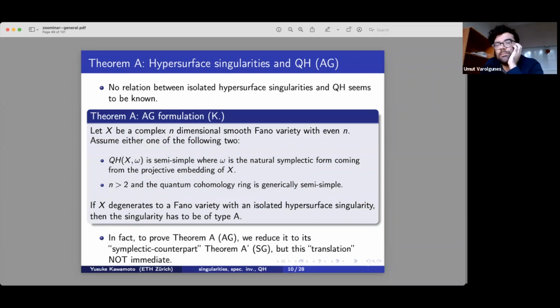But about relaxing the conditions, can you, for example, relax to the case where you just look at the even part of quantum cohomology and that's semi-simple, and you don't require anything about the odd part? Well, actually, if your quantum cohomology is semi-simple, then there's no odd part. Yeah, I know.